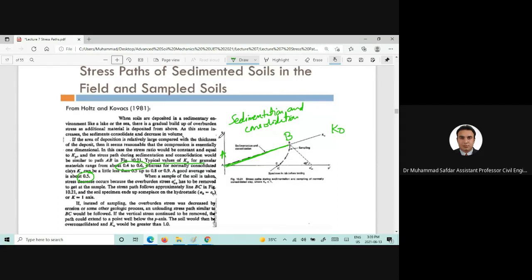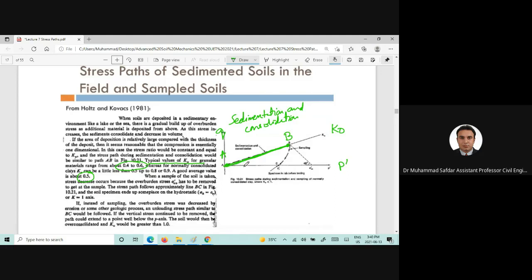Now, as the sedimentation and consolidation is occurring, the stress path for that particular soil would show if you are plotting it in the q-p prime plane. So from A to B would give us the sedimentation and consolidation steps.